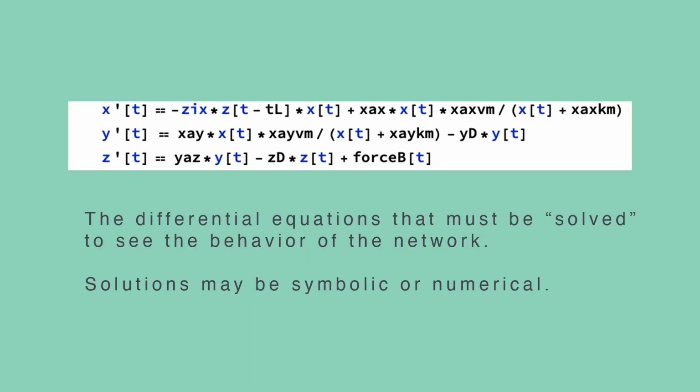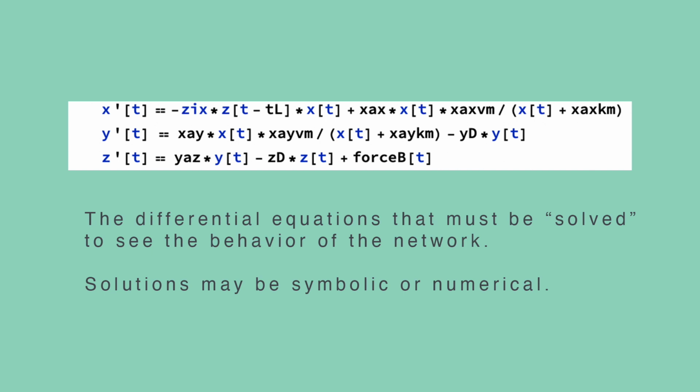These are the three differential equations that define the changes in x, y, and z each second. In the top line, x prime t is the change of x, which is found by multiplying the concentration of x by the concentration of z, TL seconds earlier, by the concentration of x, then by the parameter minus zix.